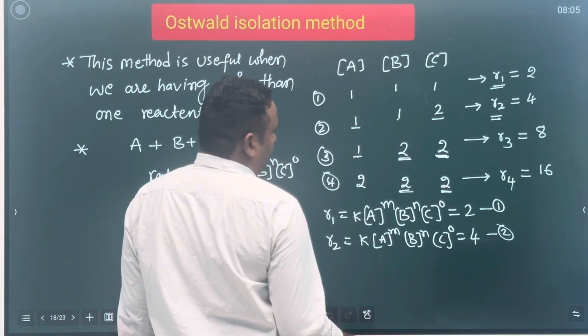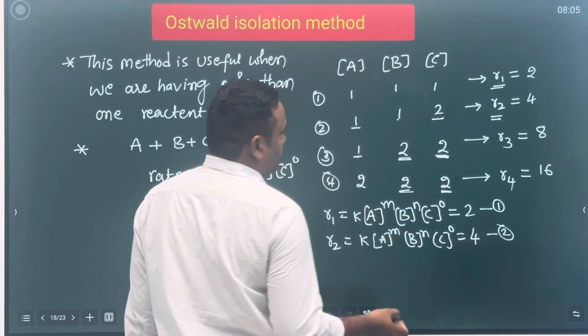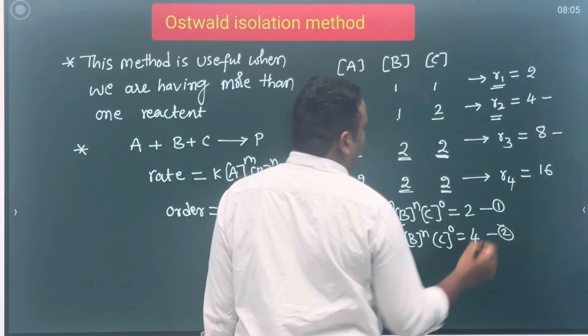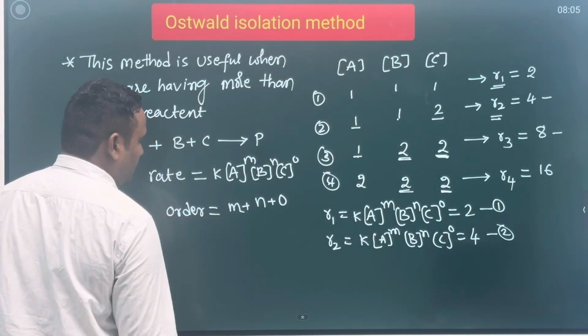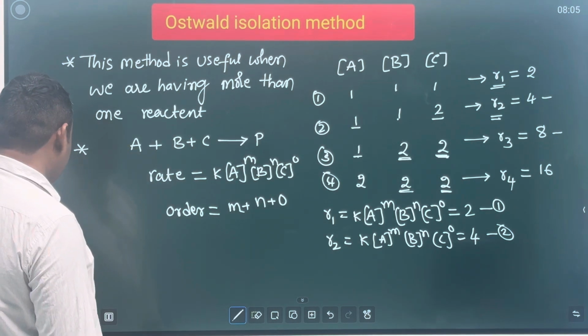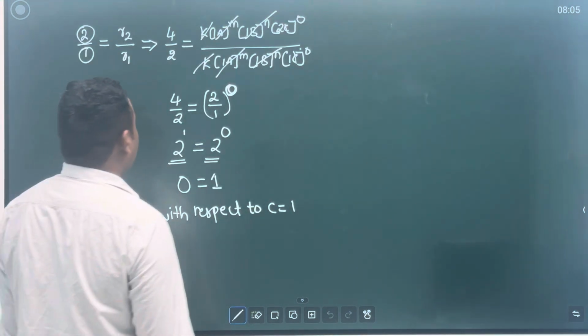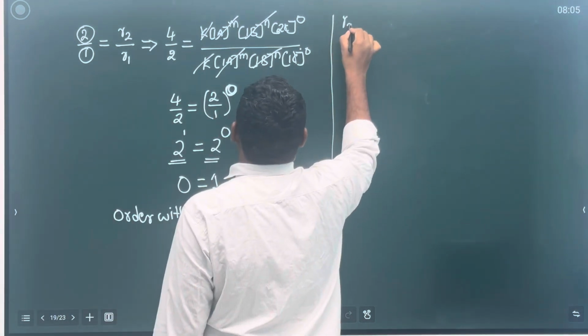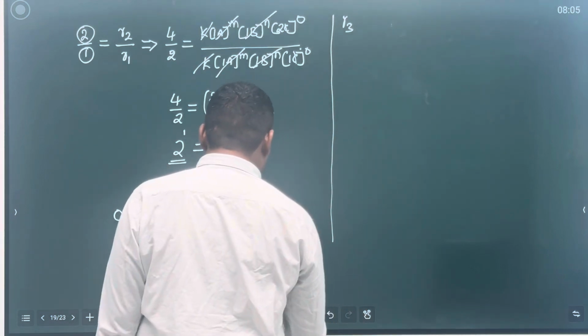Now we want the order with respect to B. So how can we compare for the order with respect to B? R2 and R3 we are going to compare. Okay. Now let us compare R3 and R4. Okay. So now let us compare here R4 by R3.